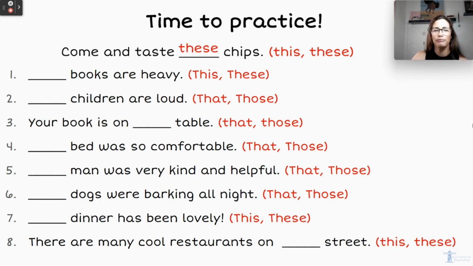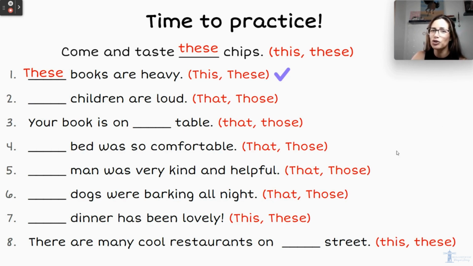So, number 1, blank books are heavy. These books are heavy. Why? Because there's more than one. If you have that right, give yourself a little tick. If you don't, it's okay.